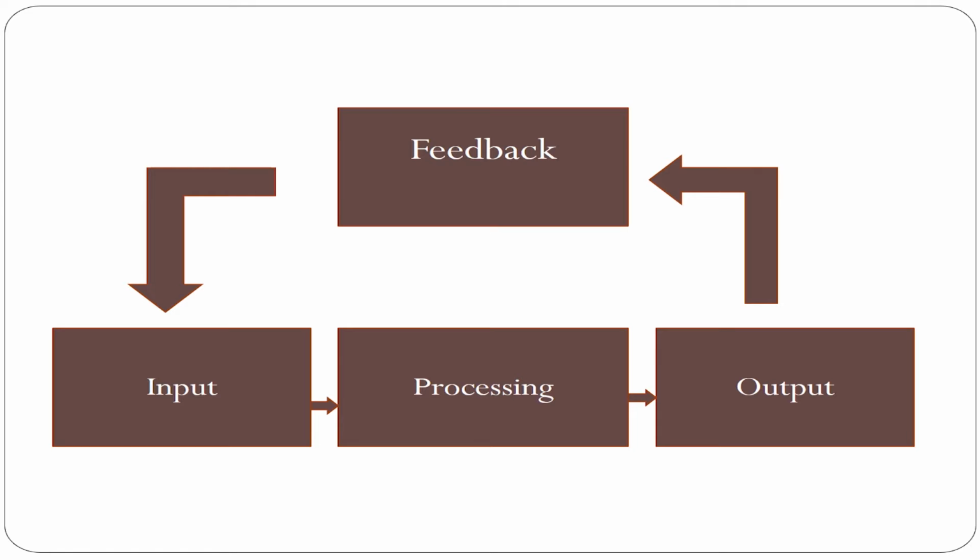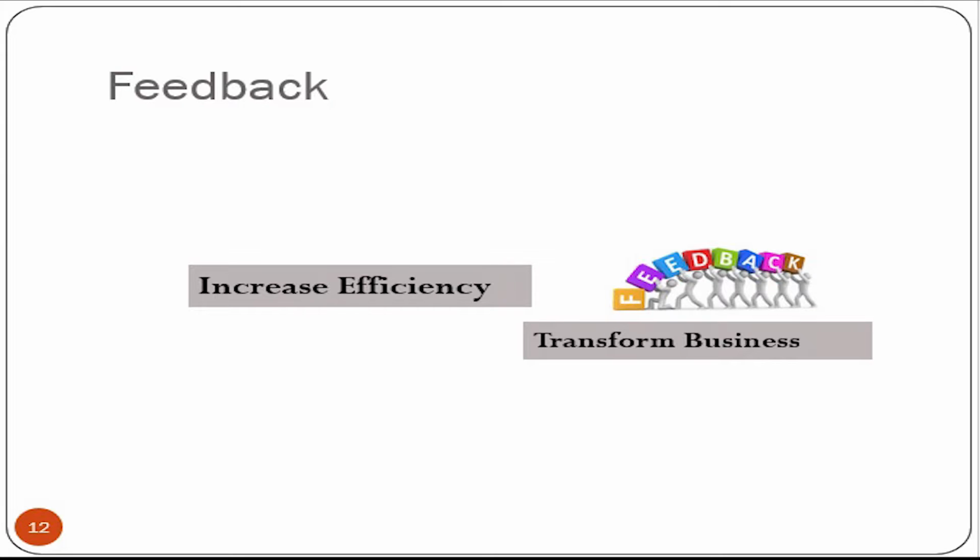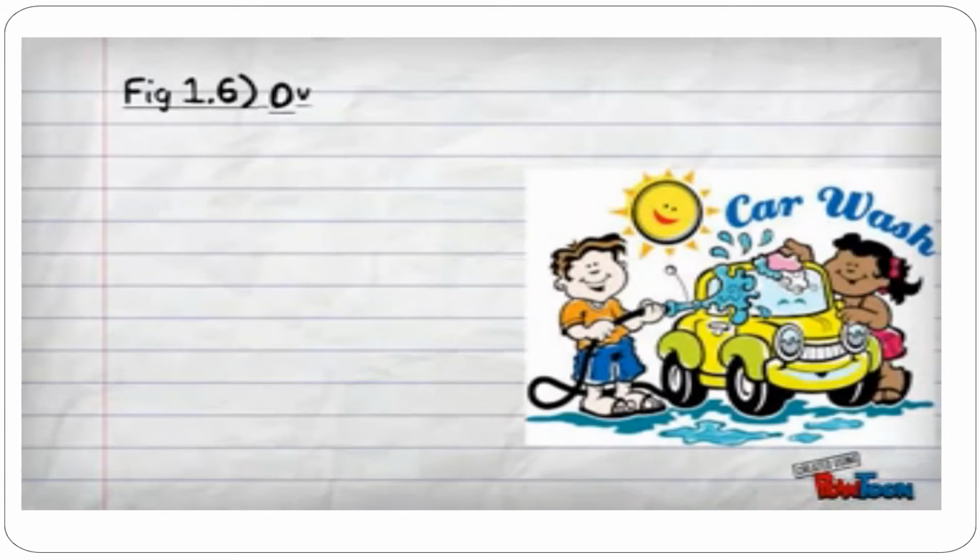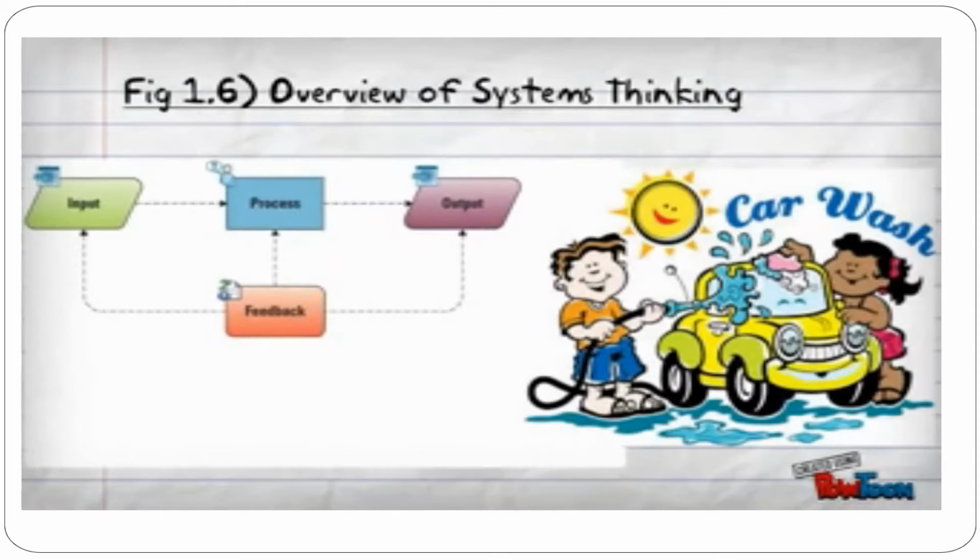Let's look at how information systems enhance business processes. They do this in two ways. One, by increasing the efficiency of existing processes. Two, by enabling new processes that can transform the business. The definition of an information system is: an information system is an organized system for the collection, organization, storage, and communication of information.